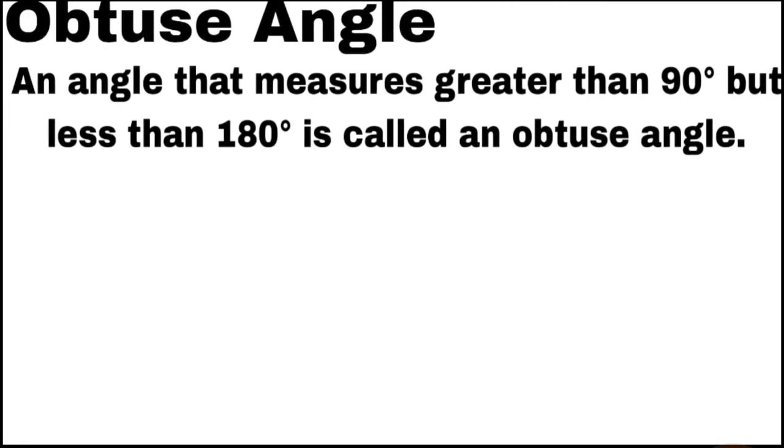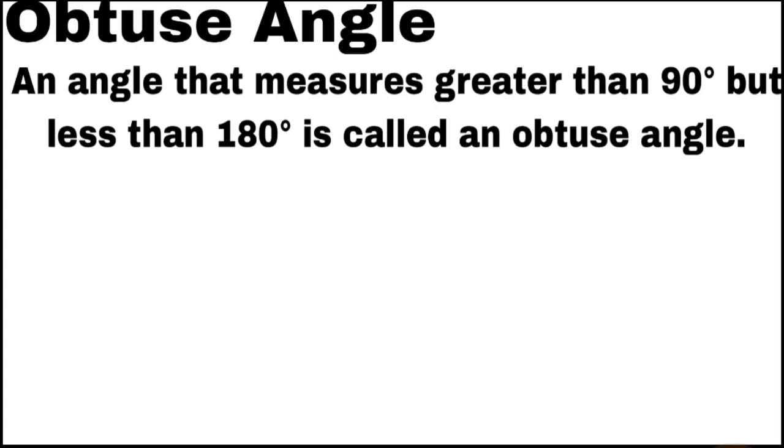Now the obtuse angle. What is the meaning of an obtuse angle? An angle whose measure is greater than 90 degrees. After measuring the angle, if we get more than 90 degrees but less than 180 degrees, it is called the obtuse angle.